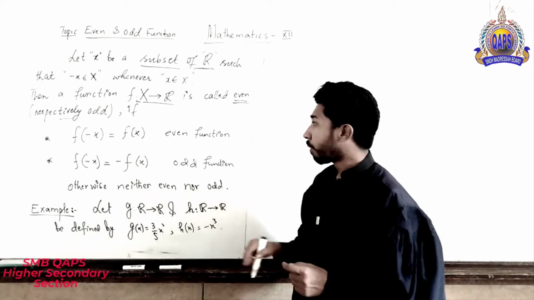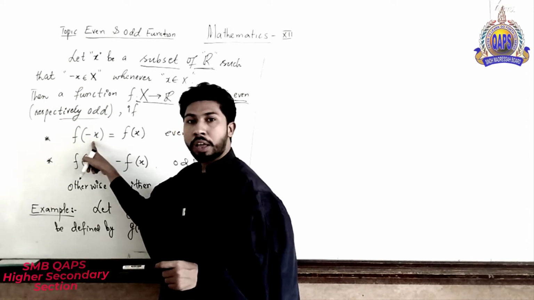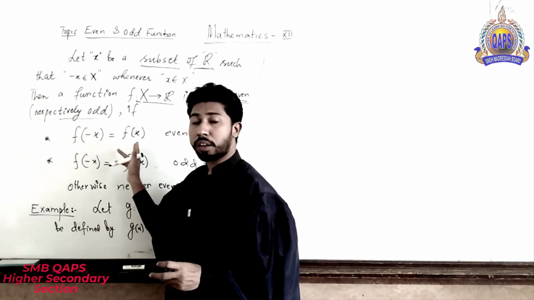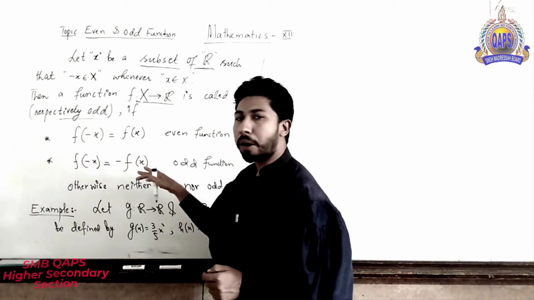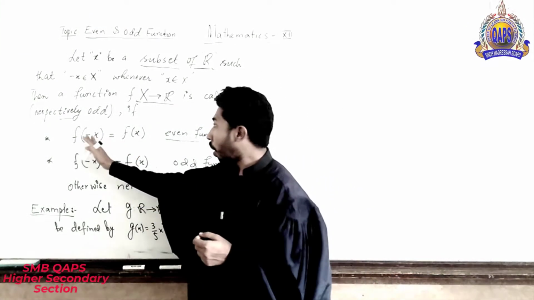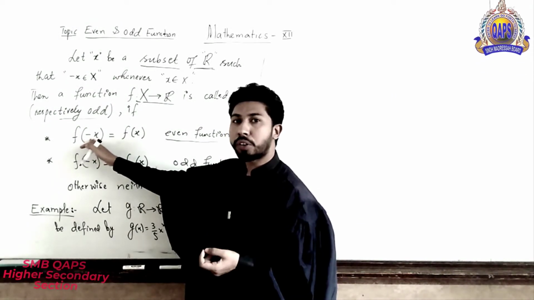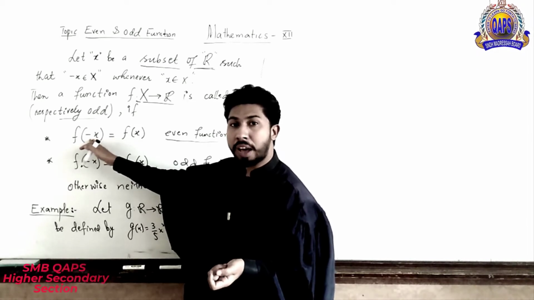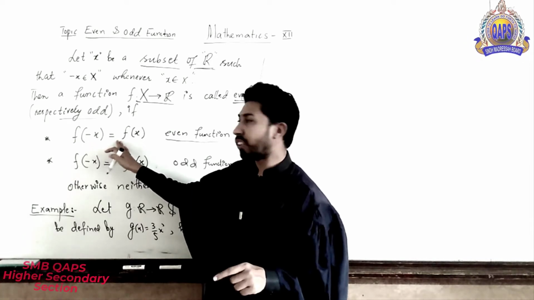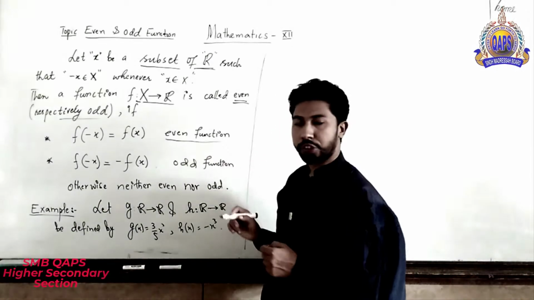First, if we put the negative of the element x and the result is the same as the given function, then this type of function is known to be an even function, because there is no effect when we give the negative input. The result will be the same as the given function. In this situation we can say that this is an even function.